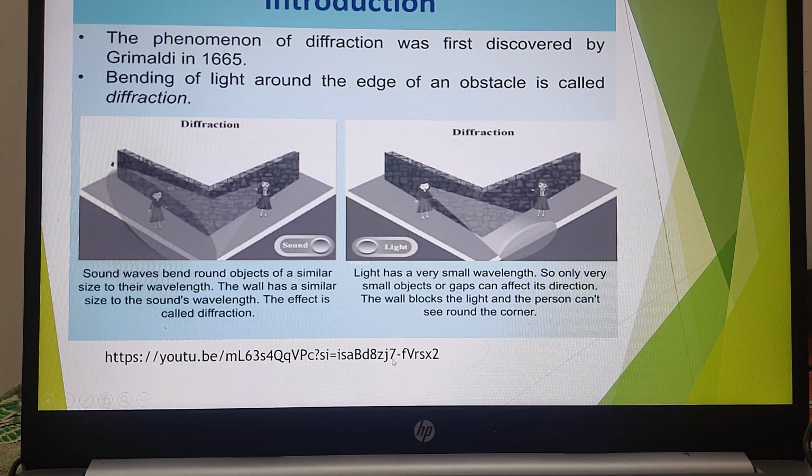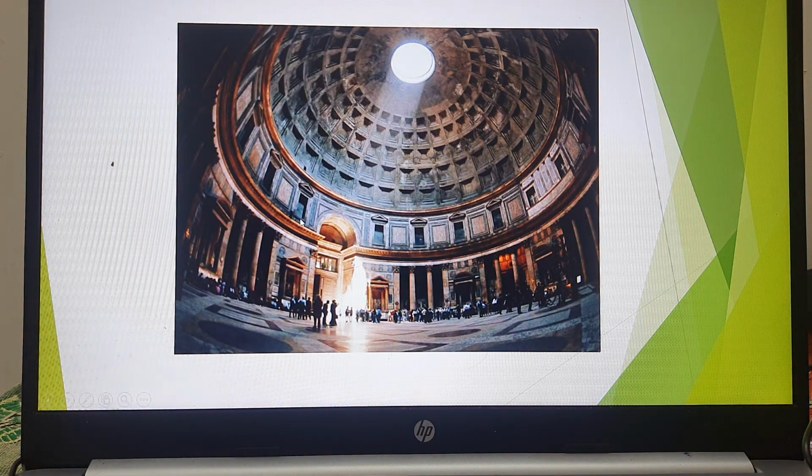See, a small video, the next slide. This is the architecture of Roman or similar buildings in European countries. It is one of the constructions based on diffraction.